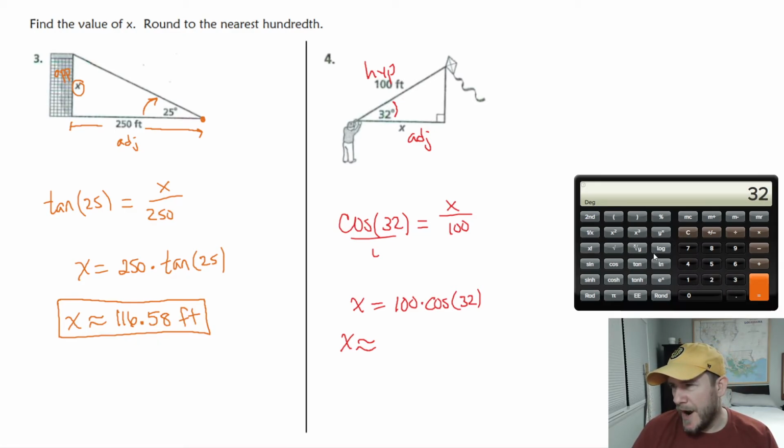So 32 cosine, there it is. Now multiply that by 100 and you're done. So 84.80. So don't round up because 4 is too small. So 84.80 is the answer.